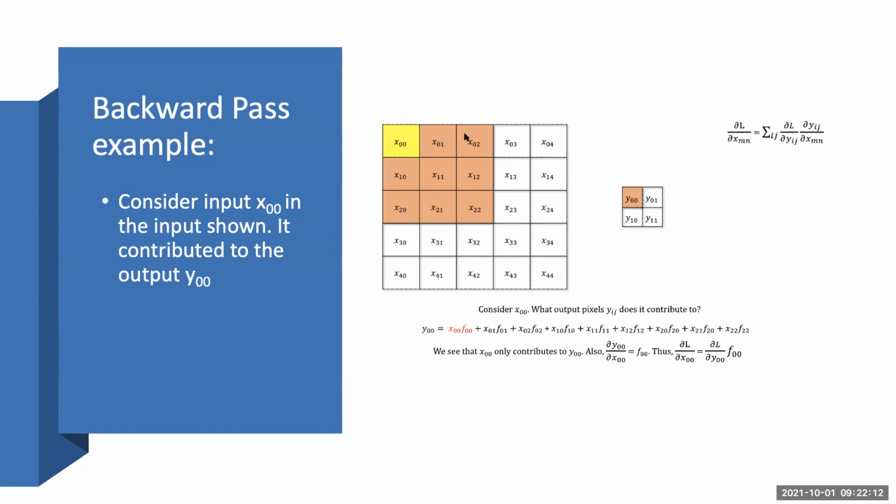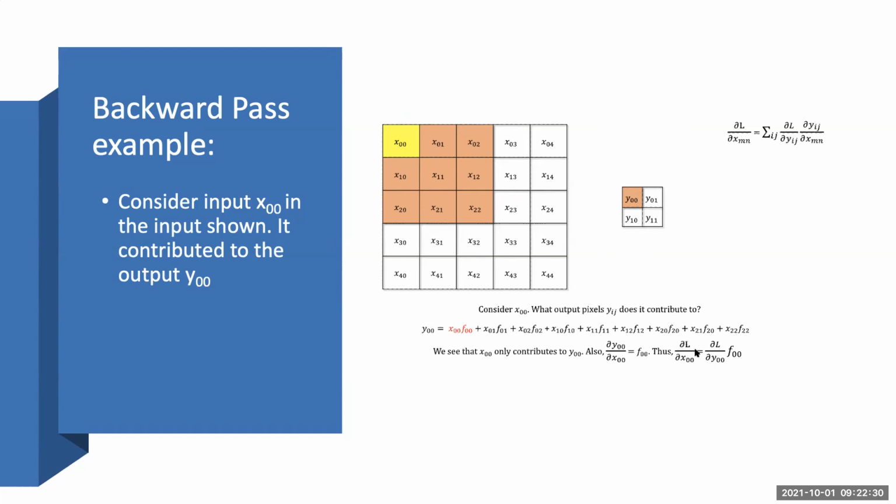When you slide with a stride of 2 and perform a convolution again, there's no place that X at 00 features in the convolution operation.